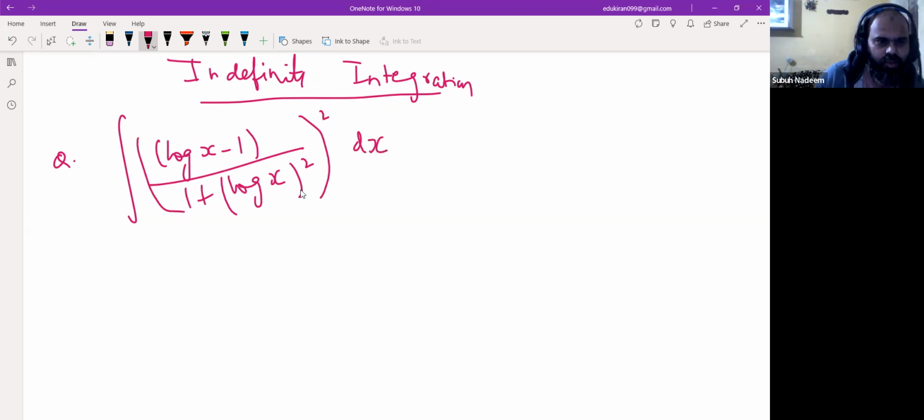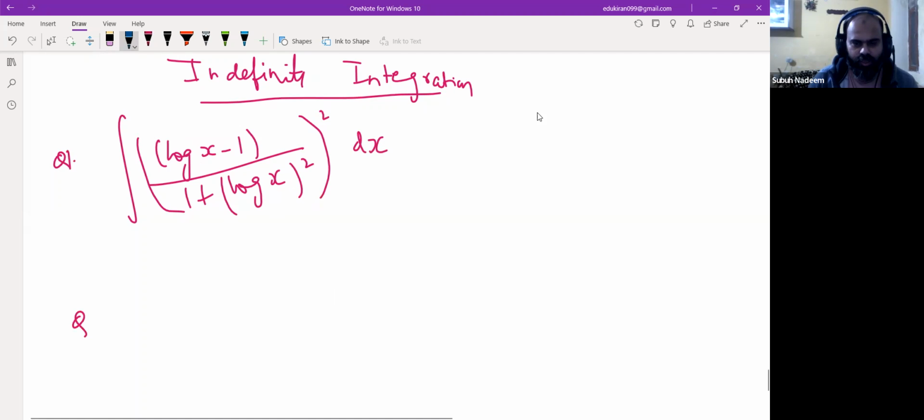Okay, so log of x minus 1 by 1 plus log of x square, and whole square of all of this. So this is the first question, and I'm giving you the options also so that you will be able to think which direction would be right.